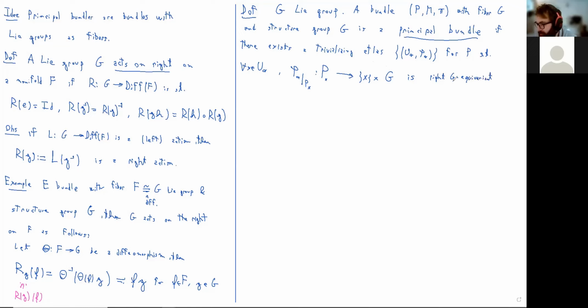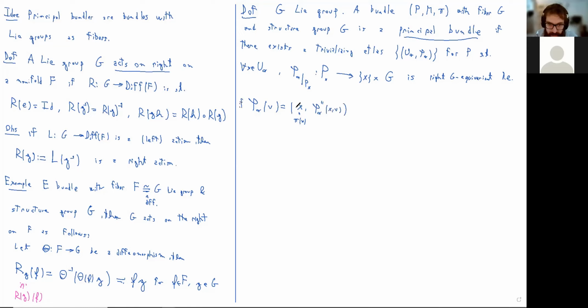What does this mean? Well, basically that this action on the right kind of commutes. So let's just write down what it means, i.e. if we take phi alpha of V, well, we can write it as x, where x is just the projection of V, comma, the second component.